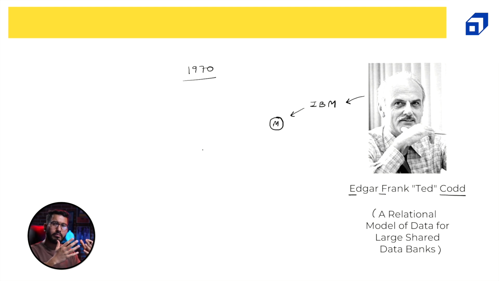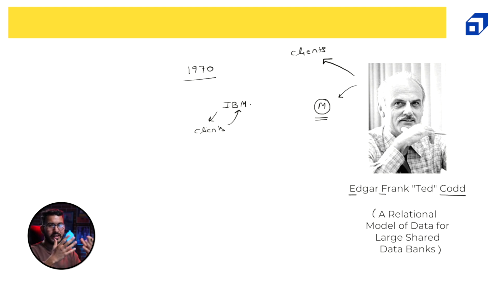So a lot of pressure was created on the IBM management, and that is where in 1974 the company started a project named System R. One shocking thing at that time was that this project did not have EF Codd as a team member. They started this project without him.